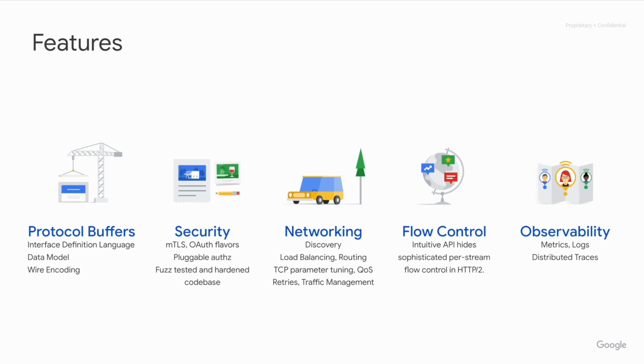Some of the low-level networking details that not everyone wants to deal with unless they are forced to, like tuning the parameters for low-level TCP interactions and so on, or exposing APIs to tune QoS at the network layer. But also higher-level networking things like retries and traffic management features, which we'll hear about more in a moment when we talk about service meshes.